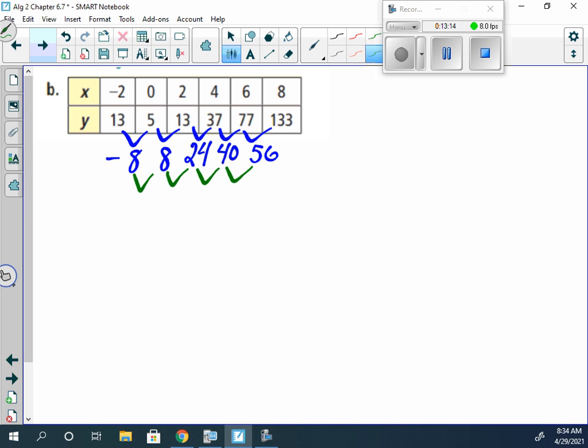When I did it, I thought you were doing new minus old, and I got negative for all of them. Like with our ratio, we did new over old, so we can do the same thing here, new minus old. The first one would be 5 minus 13, which gives us negative 8. Then 13 minus 5 is, because we always want to do new minus old to get here.